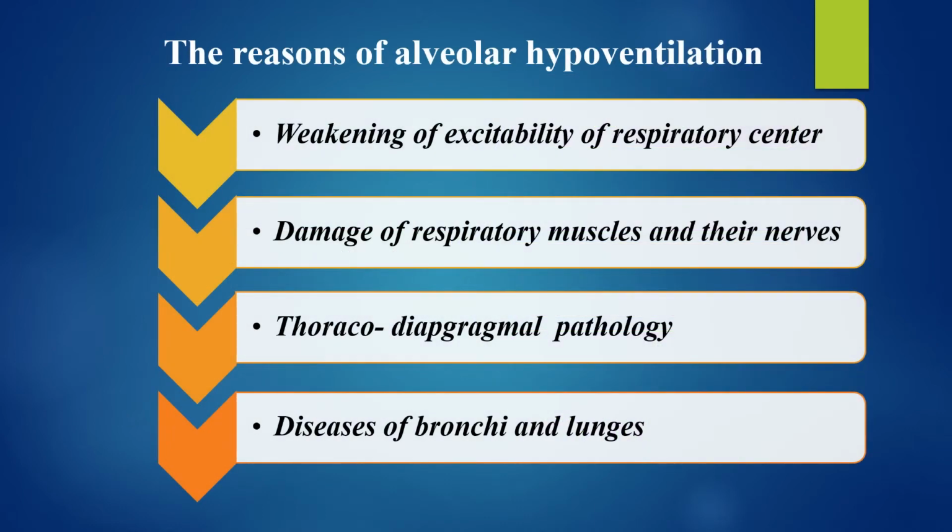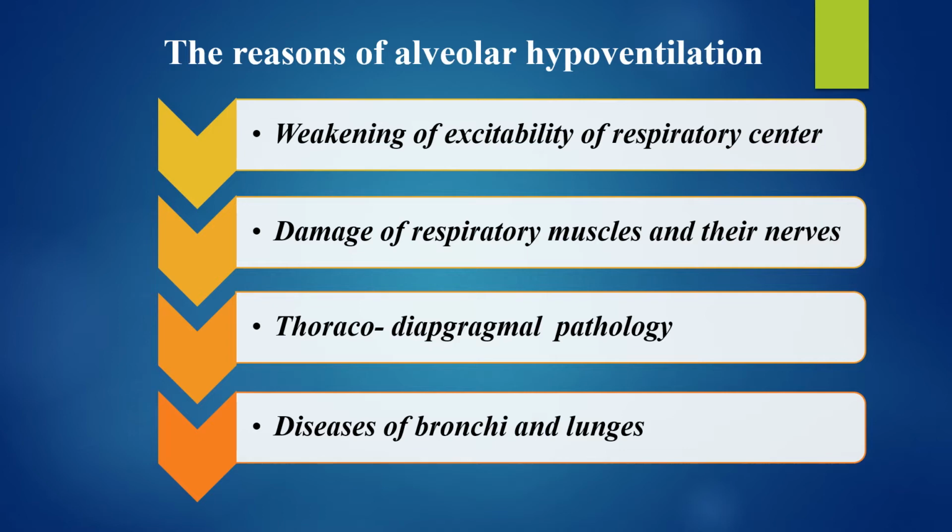Alveolar hypoventilation can occur for the following reasons. The first, weakening of the excitability of the respiratory center. Reducing the partial pressure of carbon dioxide in arterial blood, alkalosis, and increasing blood pressure cause hypoventilation due to decrease in the excitability of the respiratory center.